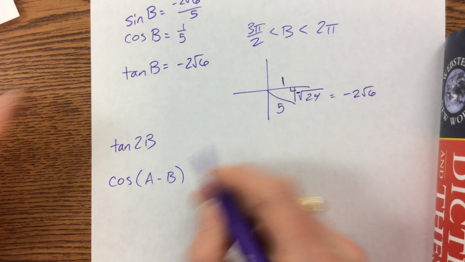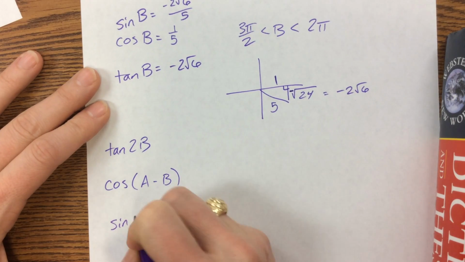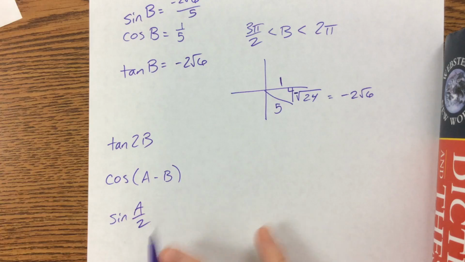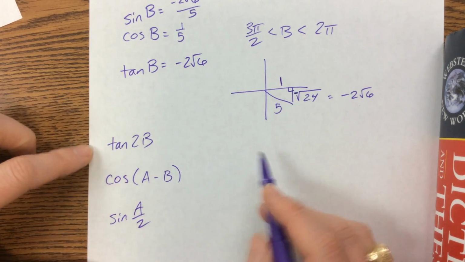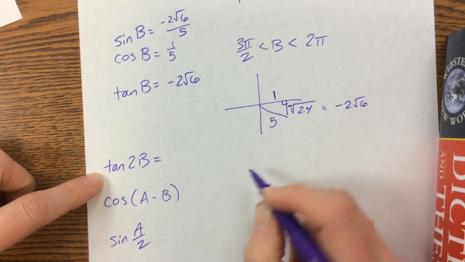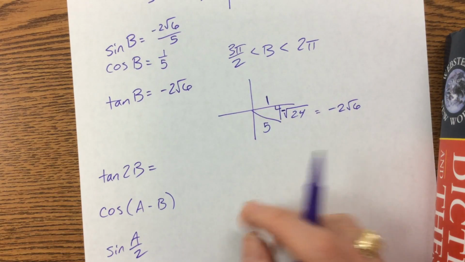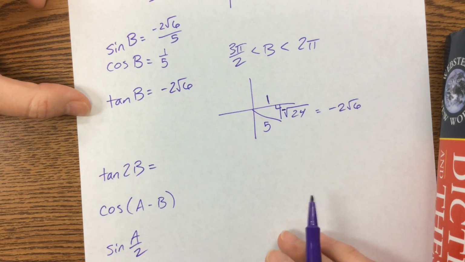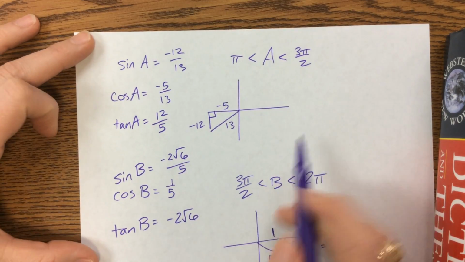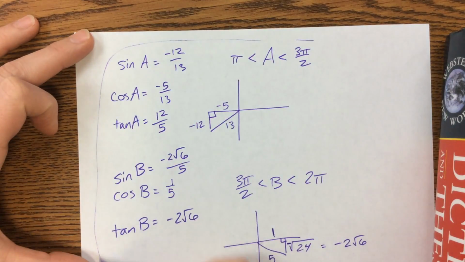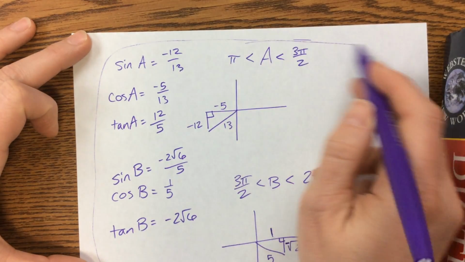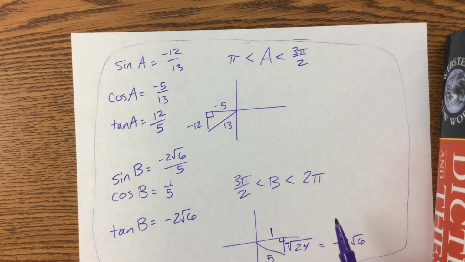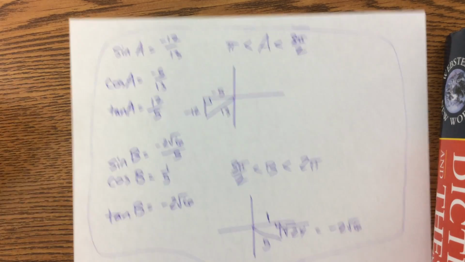I could say, what is the sine value of A over 2? Whatever they ask me for, we can use the formulas that we've gotten over here to manipulate and to use this information that we have. So I always write down all of this stuff as the resources I need to answer whatever question they might ask.